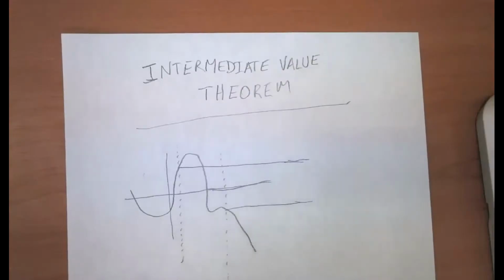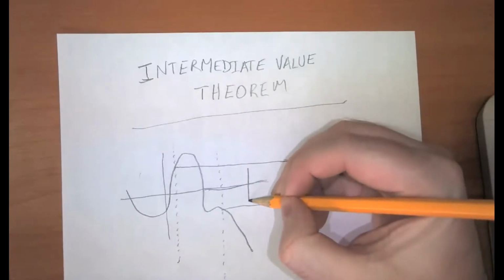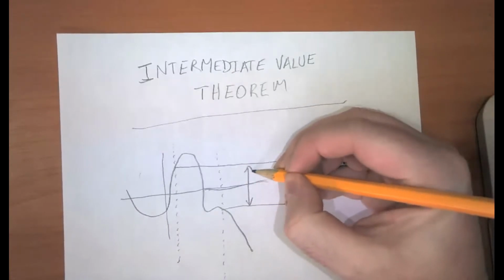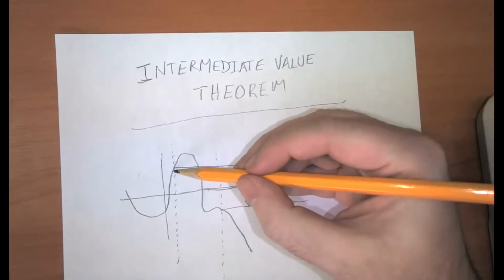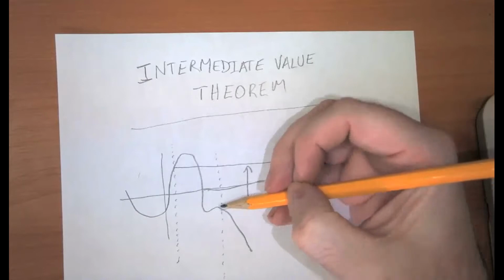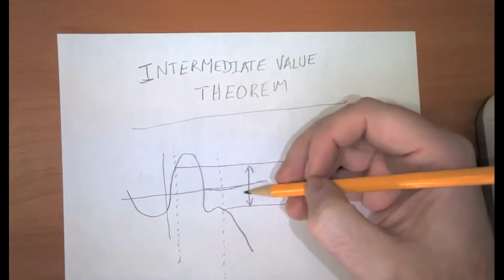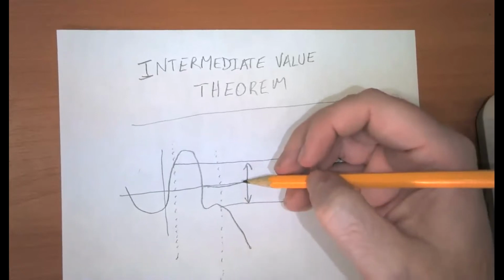All right, so what the intermediate value theorem says is that for any output value in this range between the output of the left-hand side and the output of the right-hand side, there must be some value of the input that matches it.